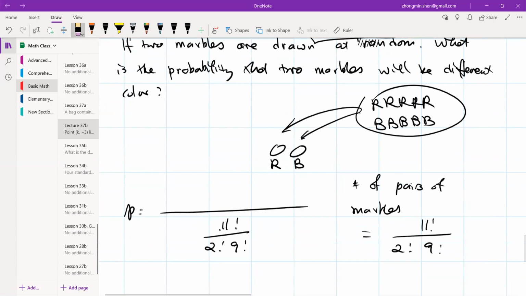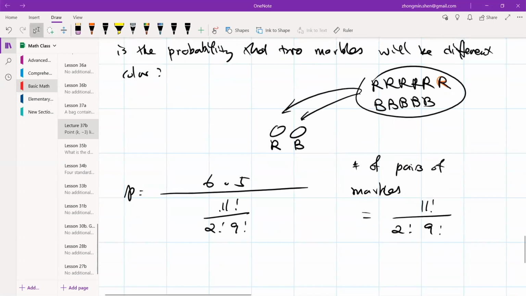You have 6 choices for red and 5 choices for blue. Okay, so 6 times 5. Right? Because you can always put the red on the left, blue on the right. How many choices for the red one? 6 choices. How many choices for the blue one? 5 choices. And then how many combinations? That would be 6 times 5.